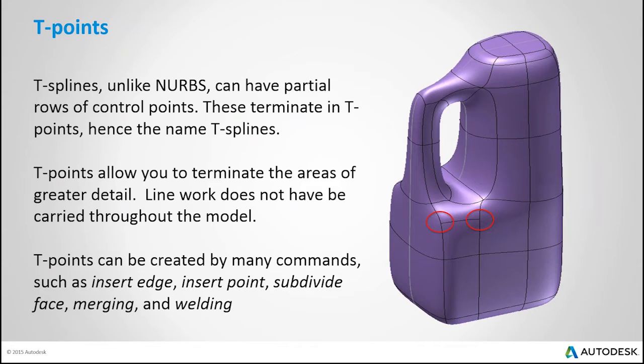If you look at the diagram on the screen here, you can have a point going across between a line forming a T shape. So it's like a partial row between, giving you that T shape. So that's where the T-point name comes from. You wouldn't get that in NURBS.